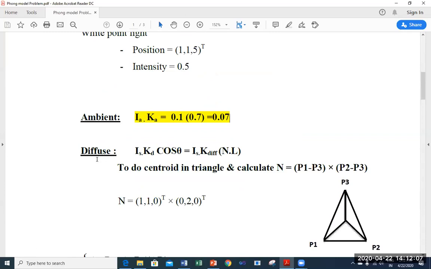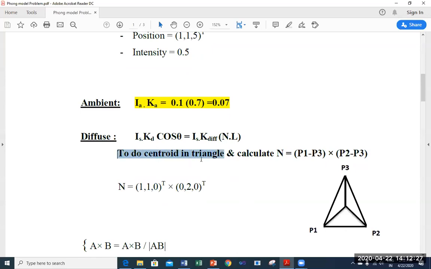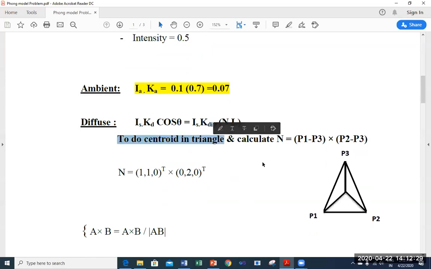Next, you have to calculate diffuse. Diffuse I is equal to the intensity of the diffuse value as well as the coefficient factor, multiplied with cos theta. The cos theta you can write as the dot product of n and L. Okay, so what you have to calculate next is the centroid of the triangle, and you have to calculate n, where the given triangle points are P1, P2, and P3.